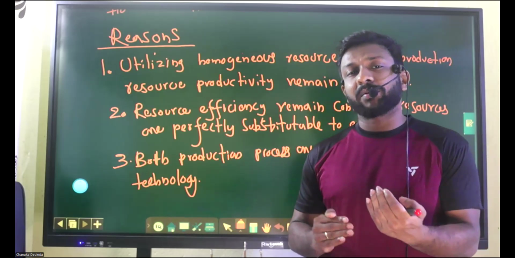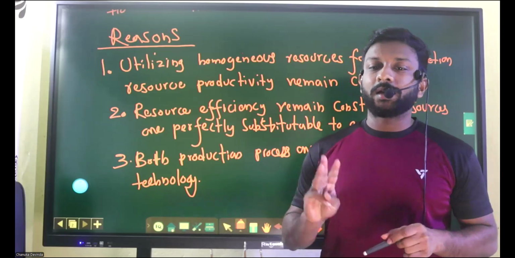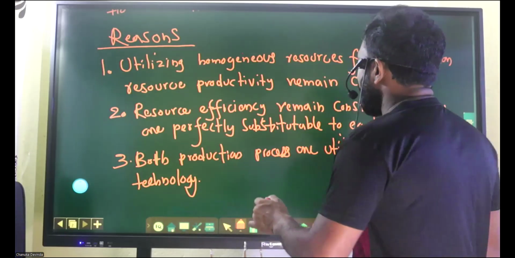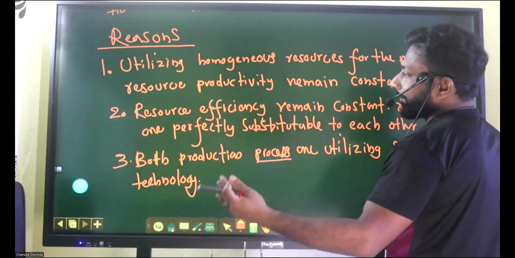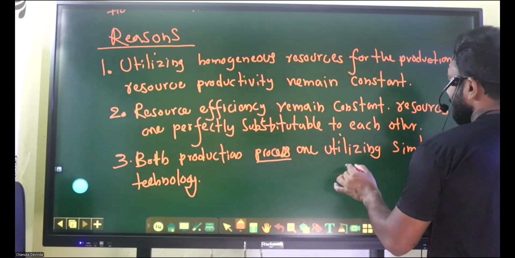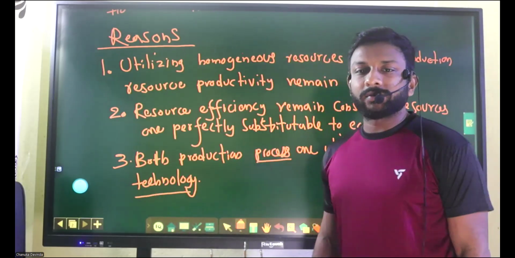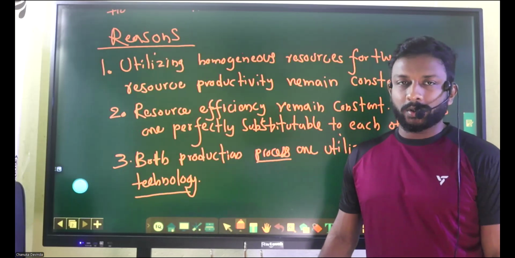The efficiency remains constant between two production. Third one, both production processes, that means if the goods are X and Y, both X and Y production processes utilizing similar technology. So those are the three reasons for constant opportunity cost, right?